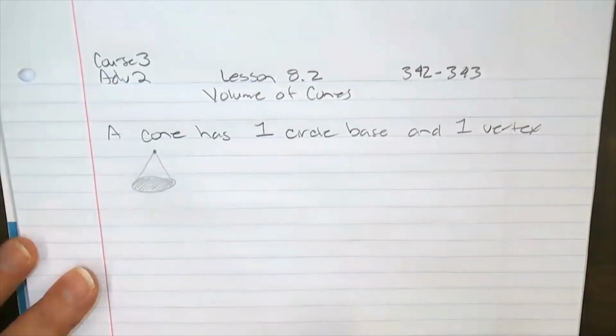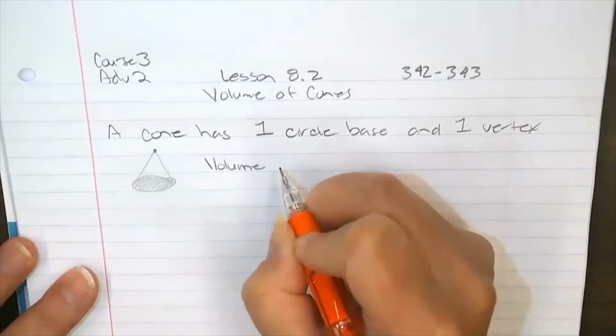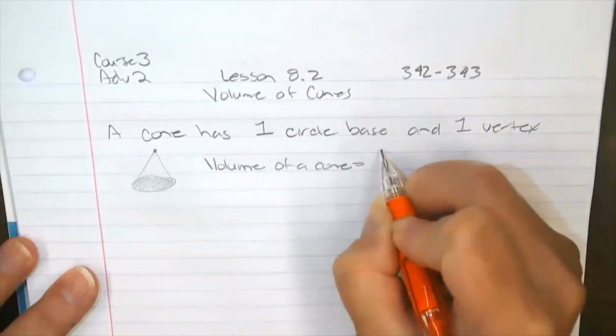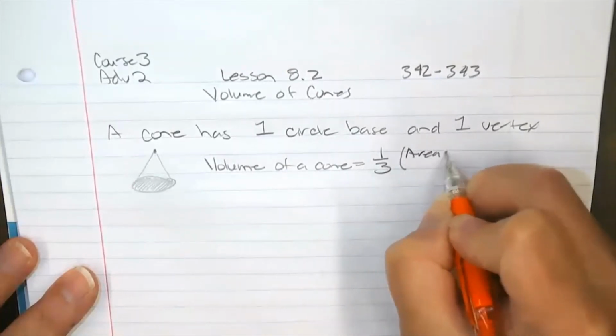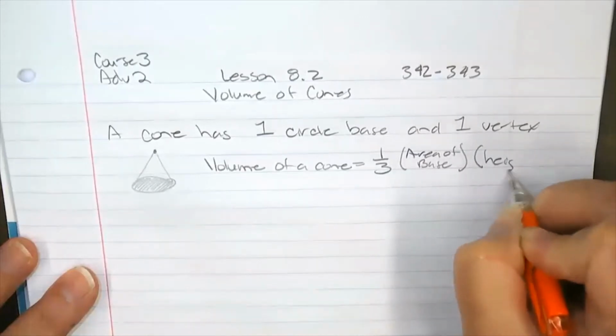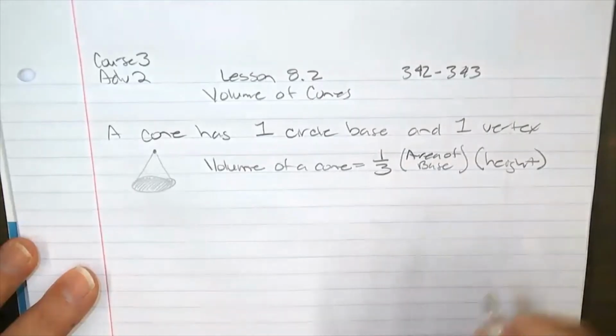Now, if you liked volume of pyramids, you're going to love volume of cones, because the volume of a cone is equal to 1/3 the area of the base times the height. It's the same exact formula as volume of a pyramid.